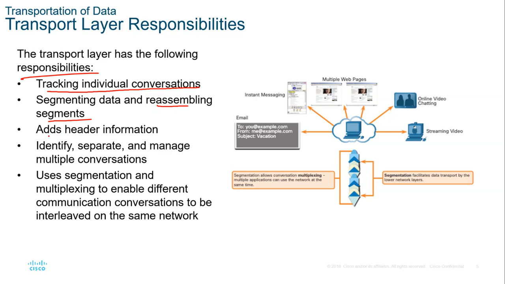And then it adds header information. In the header information, there is a source port number and a destination port number, to uniquely identify the applications that are in use.